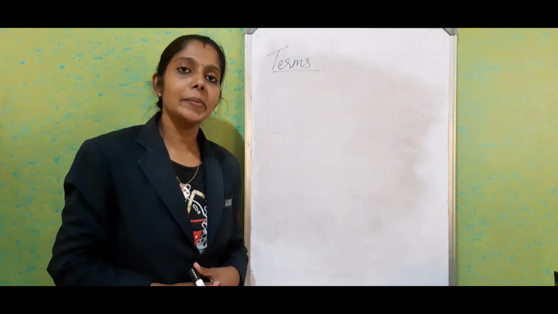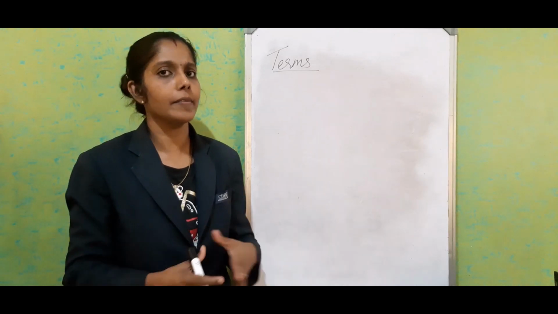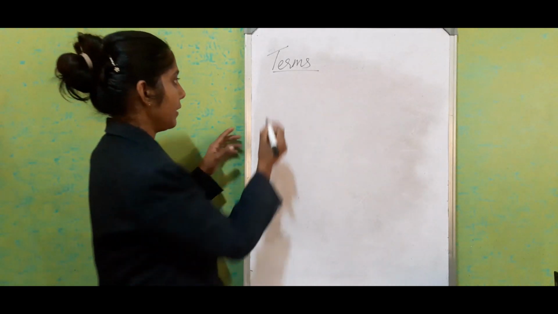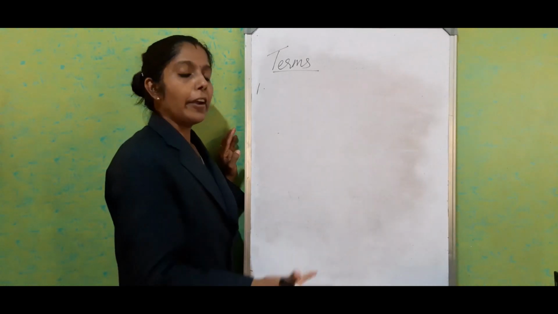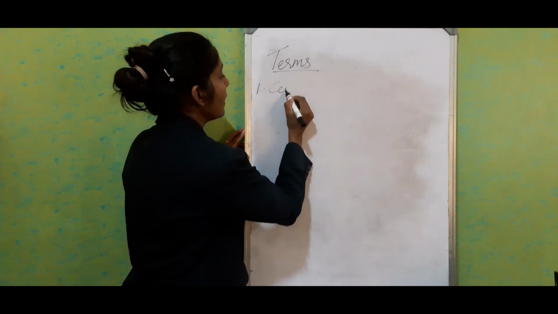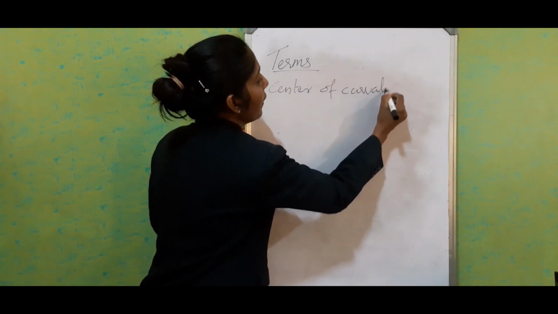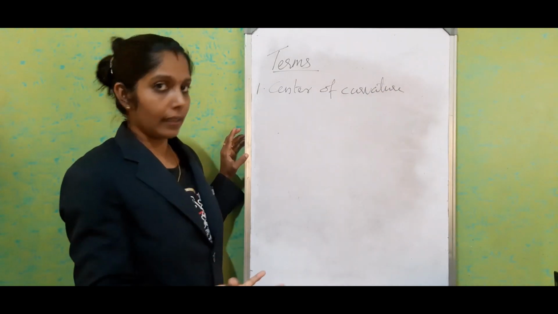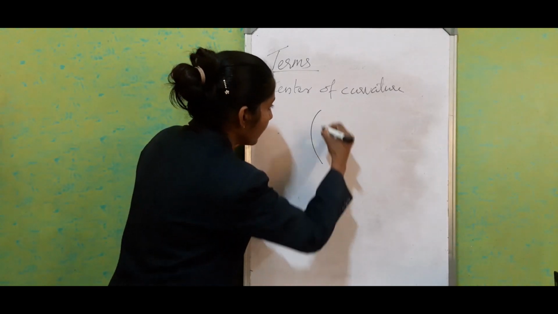Now we'll see the terms related with the concave and convex mirror. Common terms we are using to represent. First one, center of curvature. We are familiar with these words in the case of mirrors. So same kind of words we have, but the definitions are having slight difference. So first one is center of curvature. We know that mirror is a part of two spherical surfaces, so spherical mirrors or figures.